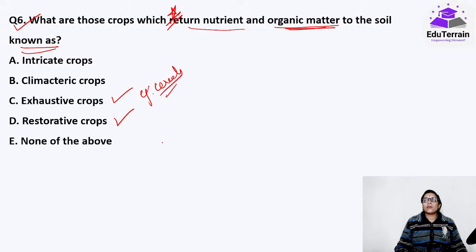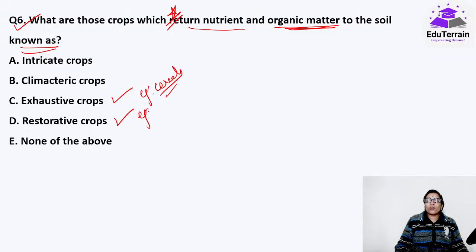Okay, restorative crops. They not only give us produce externally, but at the same time, because of their nature, like the root nodules in the leguminous family members, they absorb nitrogen and fix it in the soil. This they do, thereby the fertility level of the soil would increase rather than depleting it.